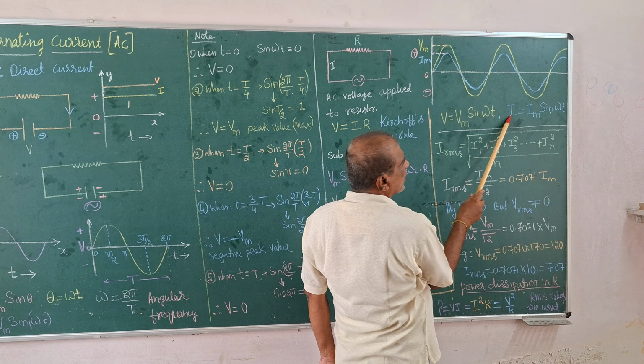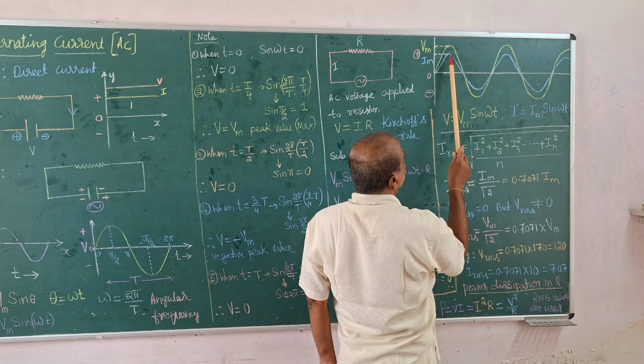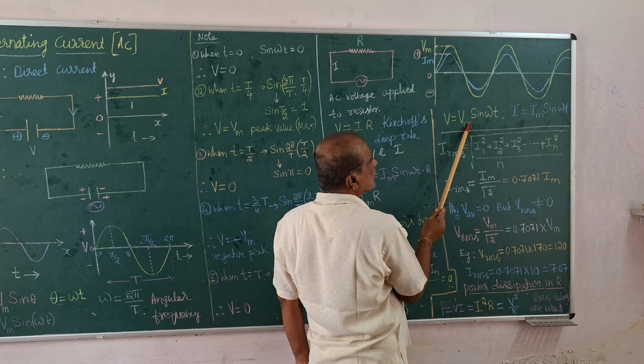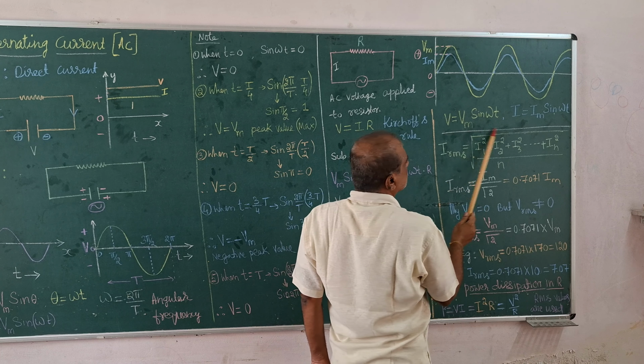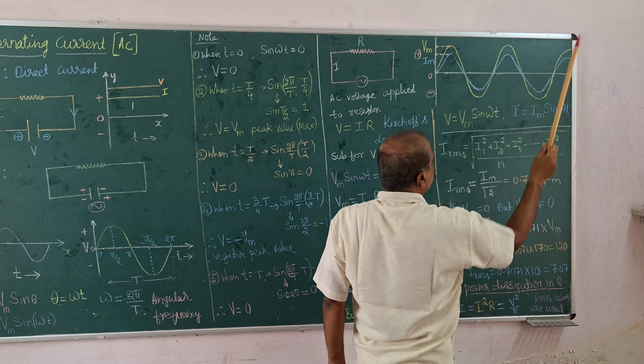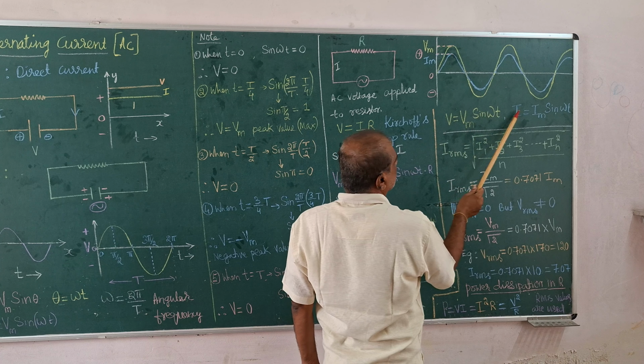I equals Im sin omega t. Im is the maximum or peak value of current, and Vm is the maximum or peak value of voltage. These two are the equations for the sinusoidal wave. It is a periodic variation. For one cycle, there is a variation for both quantities.